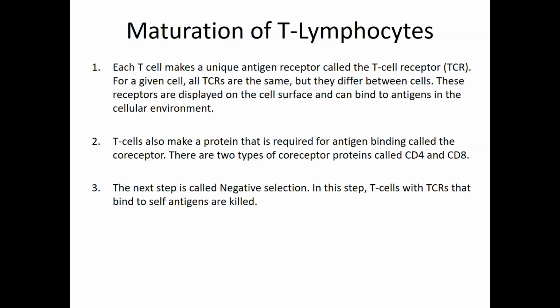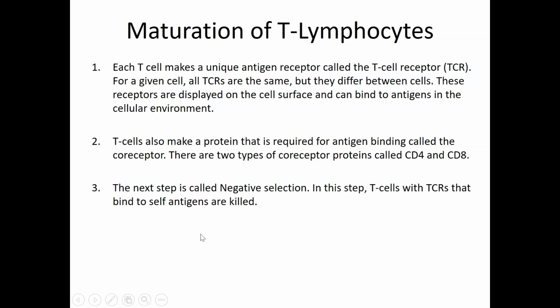Comparing different T cells, however, they're all unique and different. In addition to the receptor, T cells require a co-receptor. And they're either one of two types, CD4 and CD8. The importance of the co-receptor is that it is required for activation of T cells to mount an immune response.